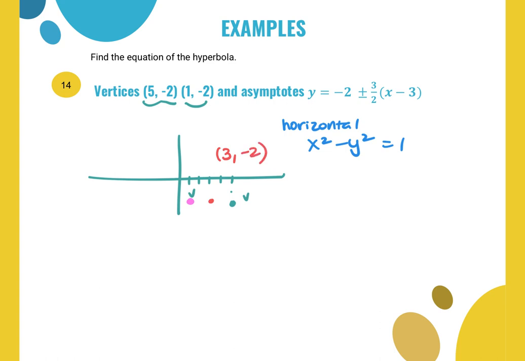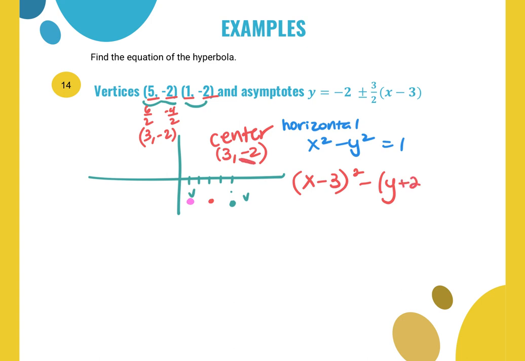If you don't have a graph, or you would rather use the midpoint formula, I can do 5 plus 1, so 6 over 2, and -2 and -2, so -4 over 2, and I get 3, -2. Either way, I get my center, by the midpoint formula or my graph. And now I know it's x minus 3 squared minus y minus -2, which becomes plus 2, squared equals 1.